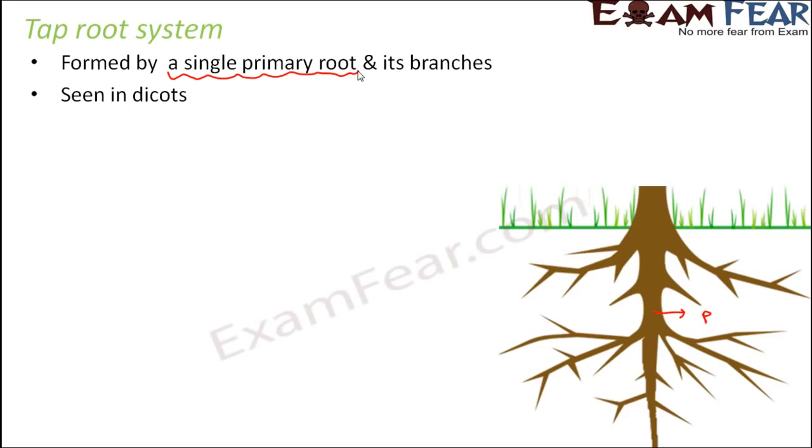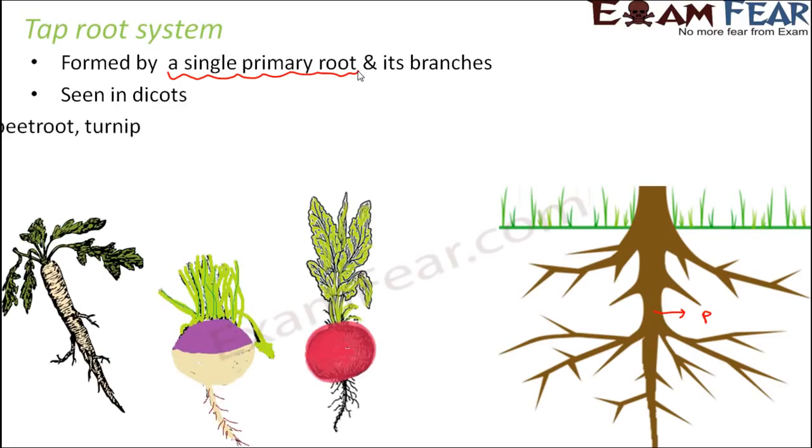Where do we see this kind of root system? It is generally seen in the dicots, that is the dicotyledonous plants. I am sure I don't need to explain to you what a dicot is. It is those kinds of plants where the seed has two cotyledons. Cotyledons are nothing but the seed leaves. We have already spoken about all these things in diversity in living organisms.